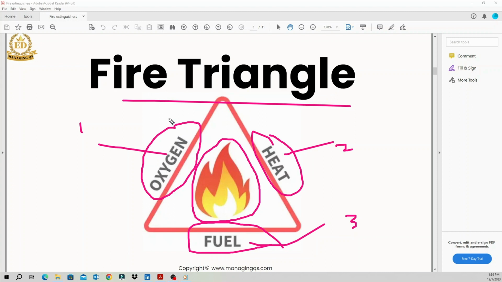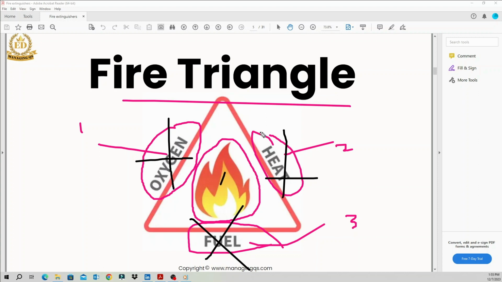For example, if we remove the oxygen from the fire, the fire will automatically close. The same concept applies if we remove the heat; at that time the fire also closes. And the third scenario, if we remove the fuel from the fire, the fire will be closed.